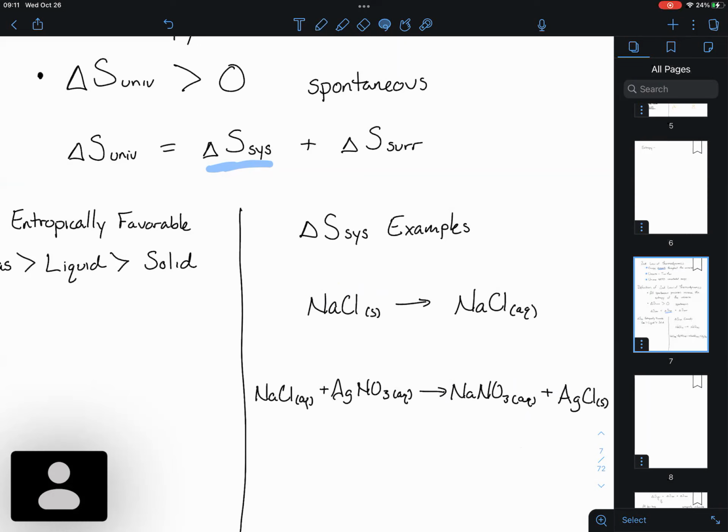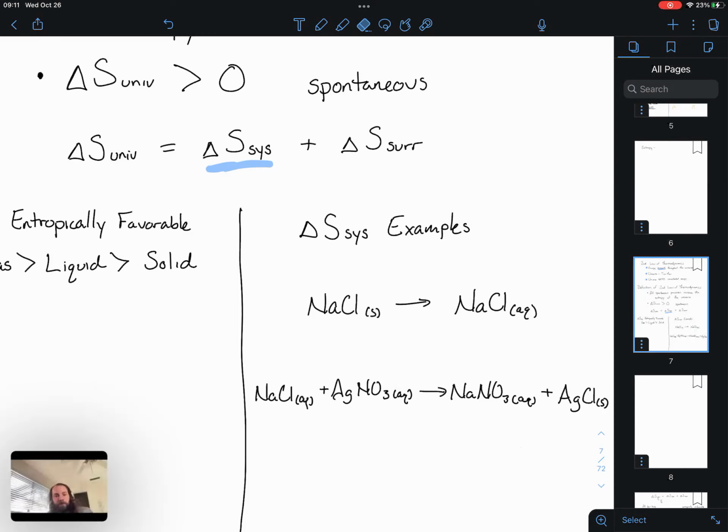All right, in the first one, we have another phase change, I don't know if it's a phase change exactly, but changing the state of matter: dissolving solid sodium chloride into solution, creating an aqueous product here. Remember that AQ means it's aqueous. So that's when you take solid sodium chloride and dissolve it into water. Is this going to be entropically favorable or unfavorable?